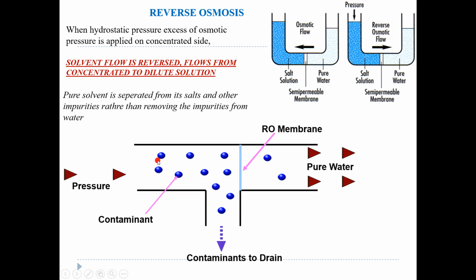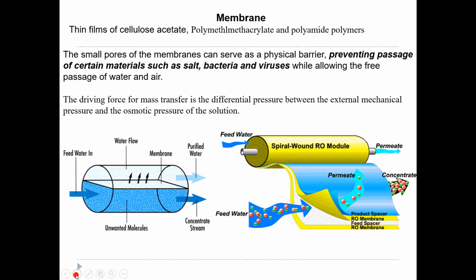You can see the pressure over here. Water is getting separated and the contaminants are staying on the other side of the permeable membrane. So pure solvent is separated from its salts and other impurities. Rather than removing the impurities from the water, exactly the opposite, we are separating water, not the impurities.